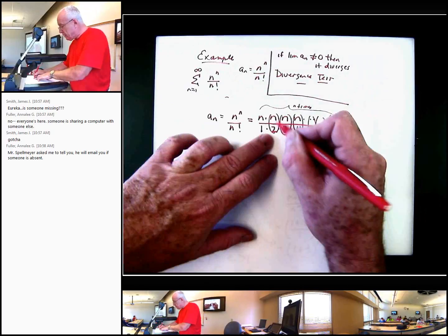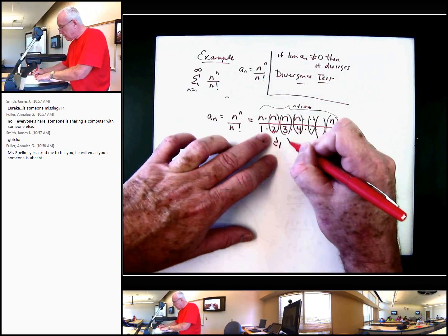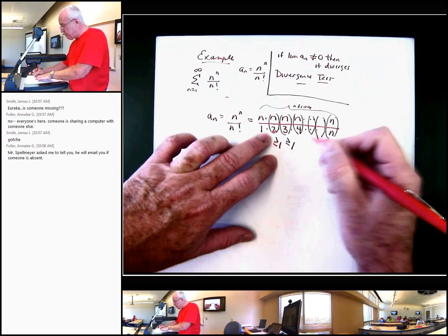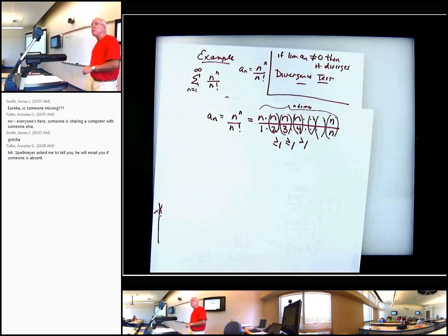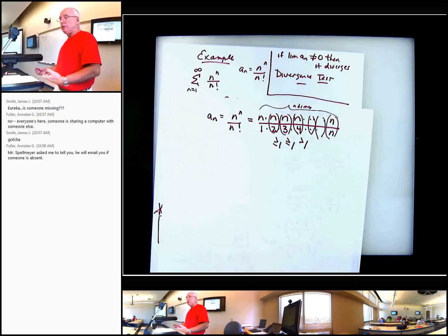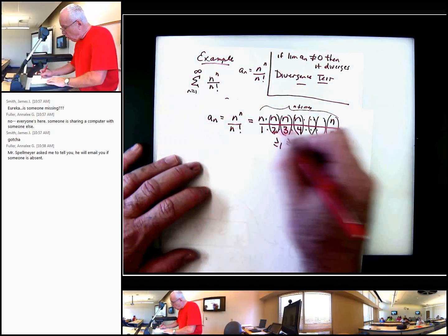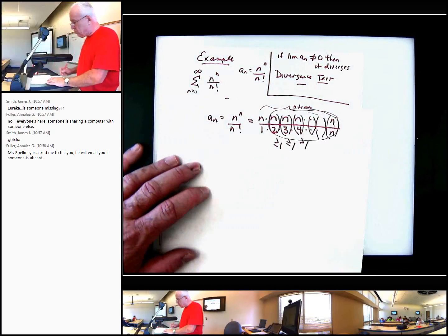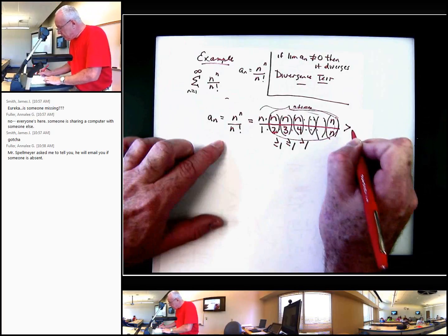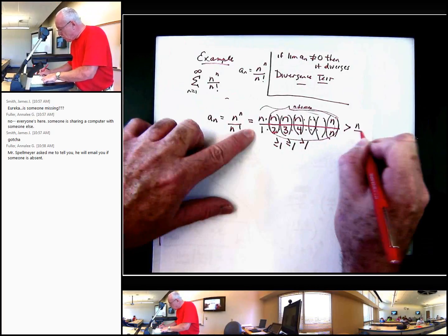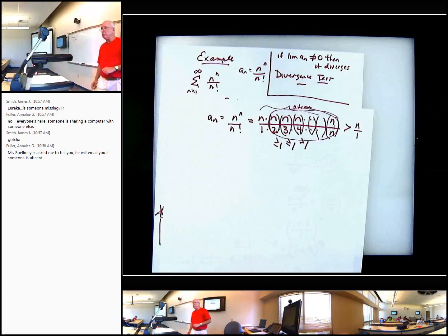Because this is going to be bigger than 1. That's going to be bigger than 1. All these are going to be bigger than 1 as n gets bigger. So all of these are bigger than or equal to 1. So this whole thing is going to be bigger than n over 1, that very first item there.